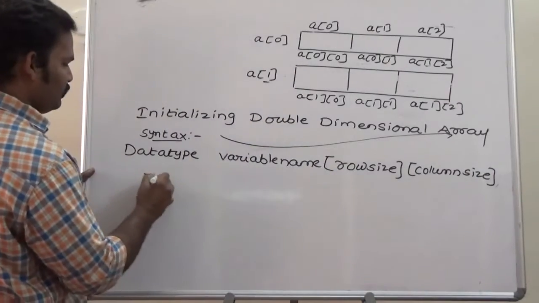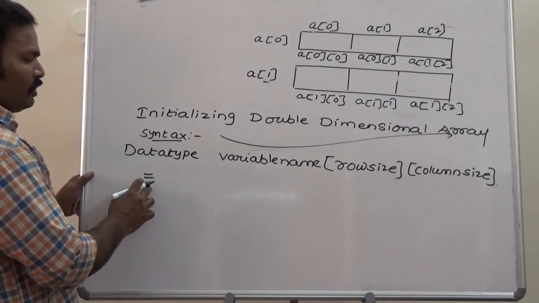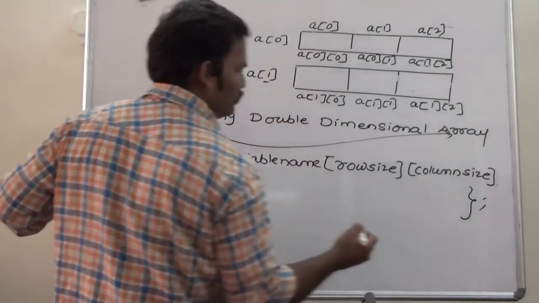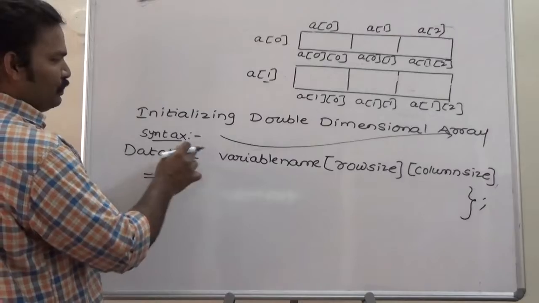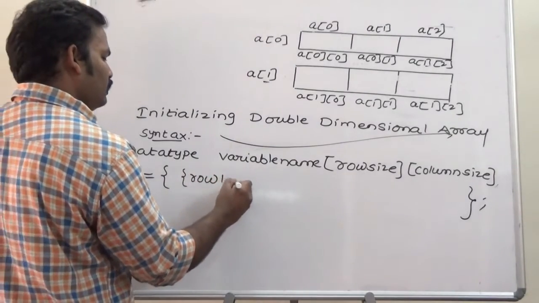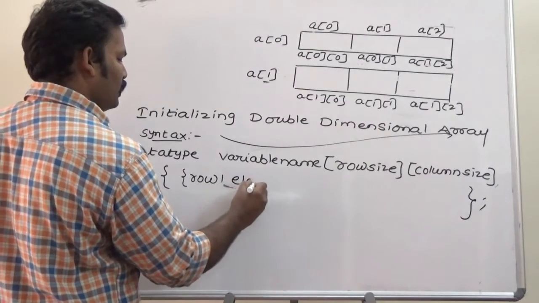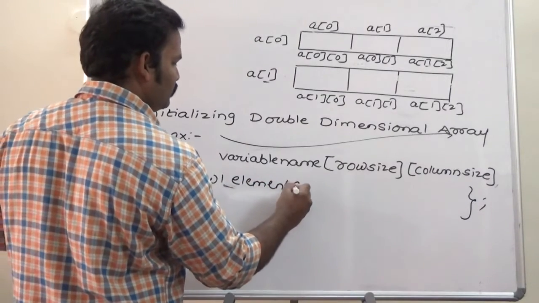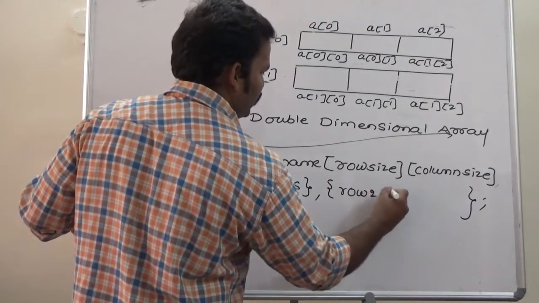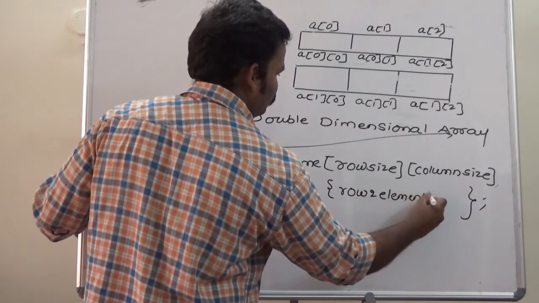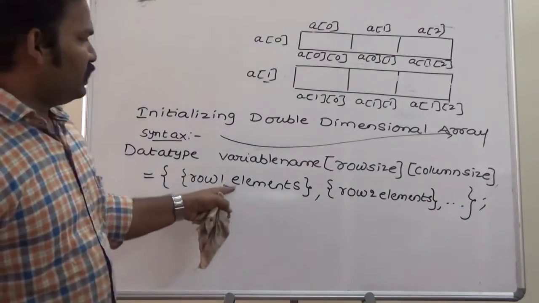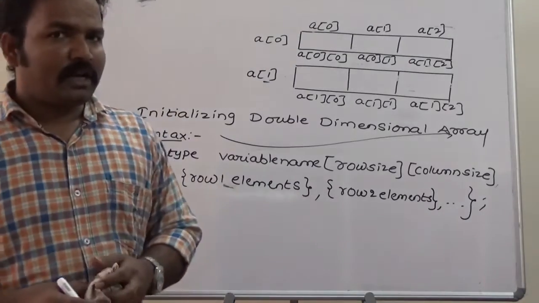Within the curly braces we are assigning elements to the array variable. So we can assign array elements row wise: row 1 elements, comma, row 2 elements, comma, like that. Each row's elements should be separated by commas.